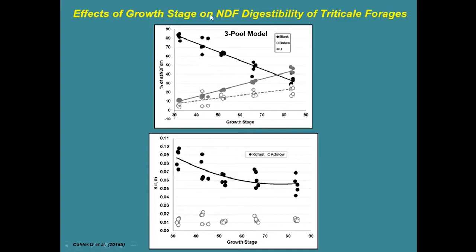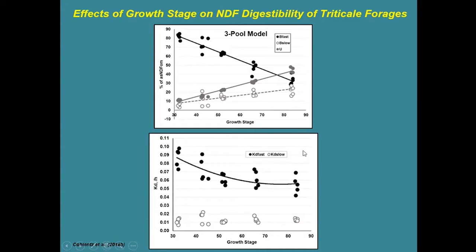What I've plotted up at the top here are the relative proportions, as a percent of total NDF, of these 3 pools, where the black dots represent the fast pool, which you see declines with growth stage, which you might expect. The indigestible pool increases as a function of growth stage, and that's not surprising either. And then the slow pool shows a relatively slow increase as a function of growth stage.